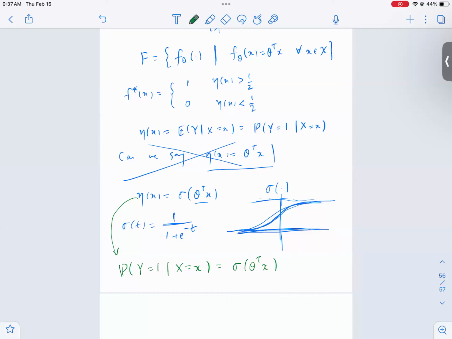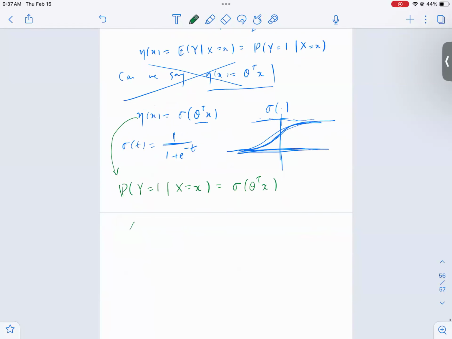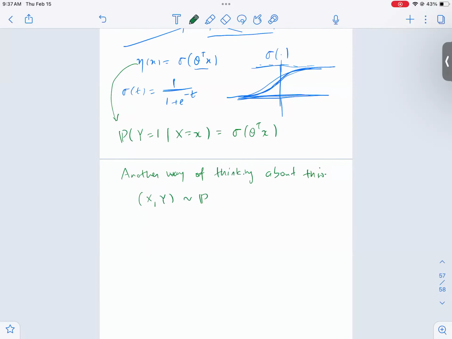This is enough for us to connect it back to ERM, as we'll see. Another way of thinking about this, if you go back to the very beginning: we have (x, y) from an unknown distribution, and we get training data IID from the same distribution.